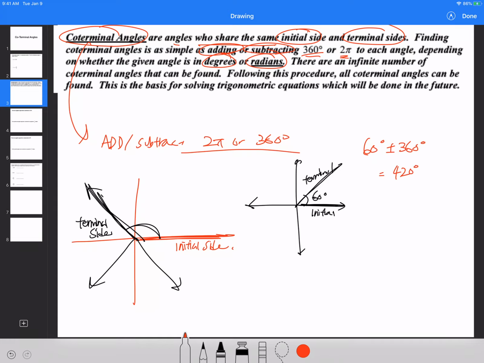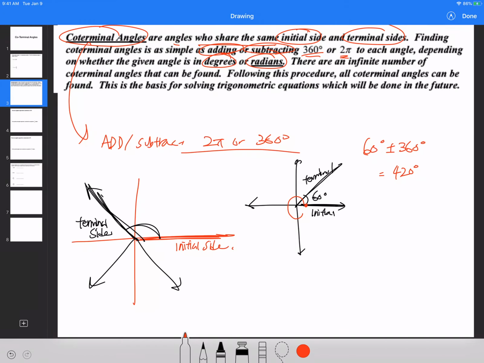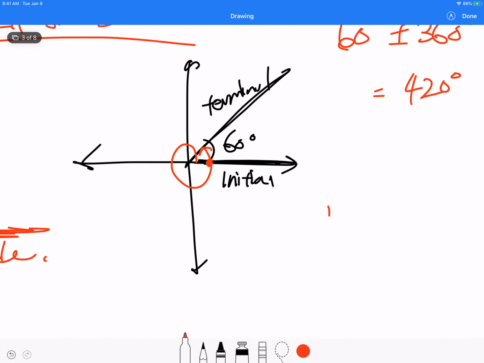So how would I be able to plot 420 degrees? Well, it turns out that if you start on the same initial side and go around one full 360 and then go an additional 60 degrees. So I might draw it a little differently: one full circle and I go an additional 60 degrees like that. So it's like a circle and then going up a little bit more.